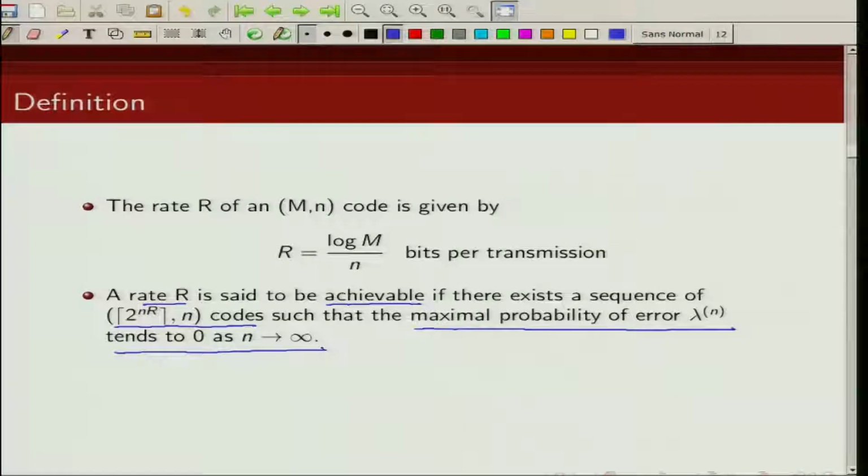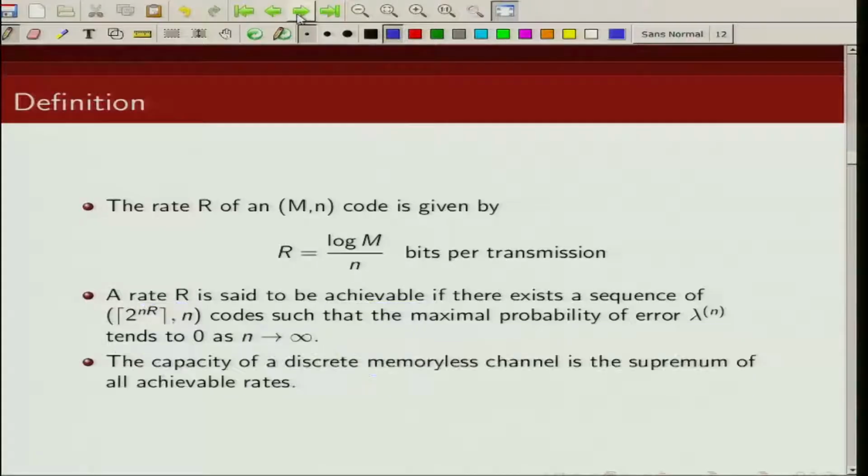So we say a rate is achievable if, for codes with parameter 2^(nR) and length n, the maximal probability of error goes to 0 as the code word length increases. And we define the capacity of a discrete memoryless channel as the supremum of all achievable rates.